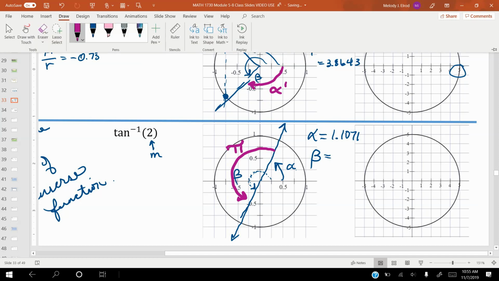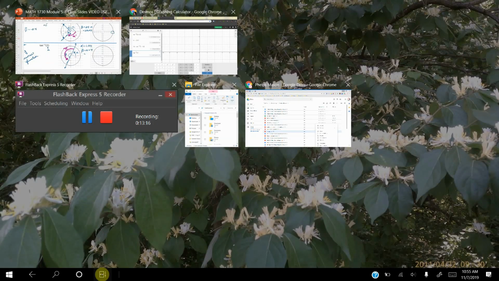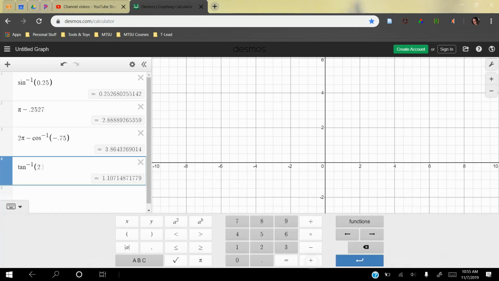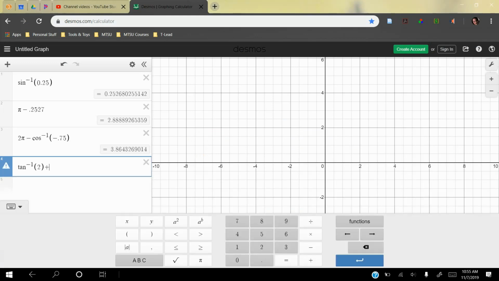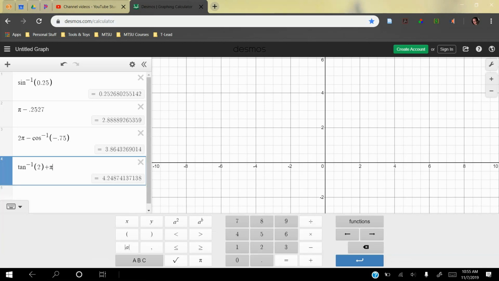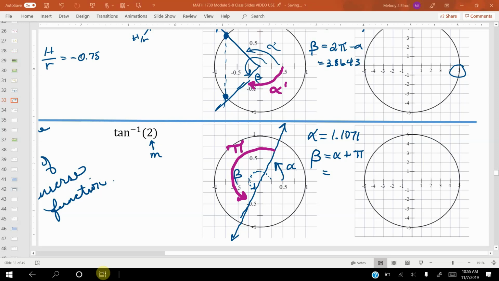So if I want to find beta, the simplest way is just to take alpha and add pi. So if I do that, plus pi, there it is, 4.2487. Awesome, so there we go.